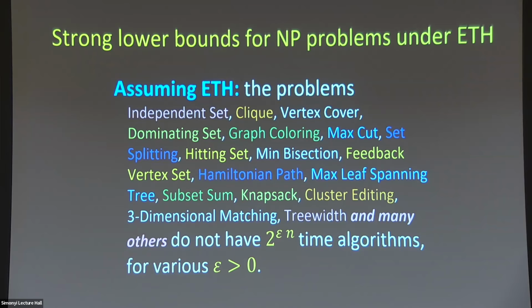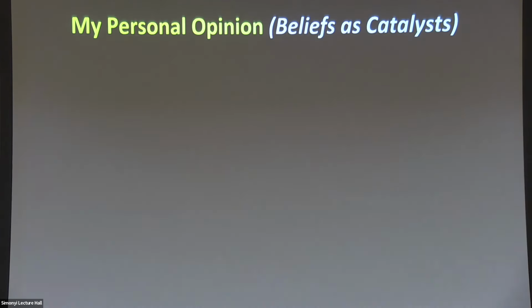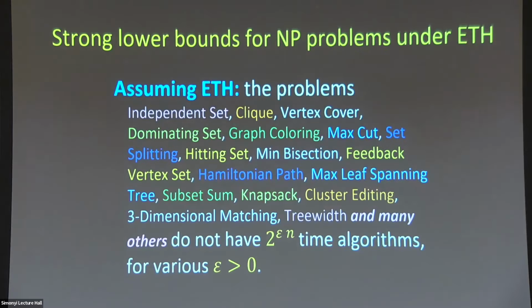But what about this SETH thing? By using the reduction of one problem to the other? Yeah, some problems you can do this, but you have to be very careful about the parameter n. In general, when I define a polynomial time reduction, I might take an instance of length n and blow it up to an instance of length n squared.